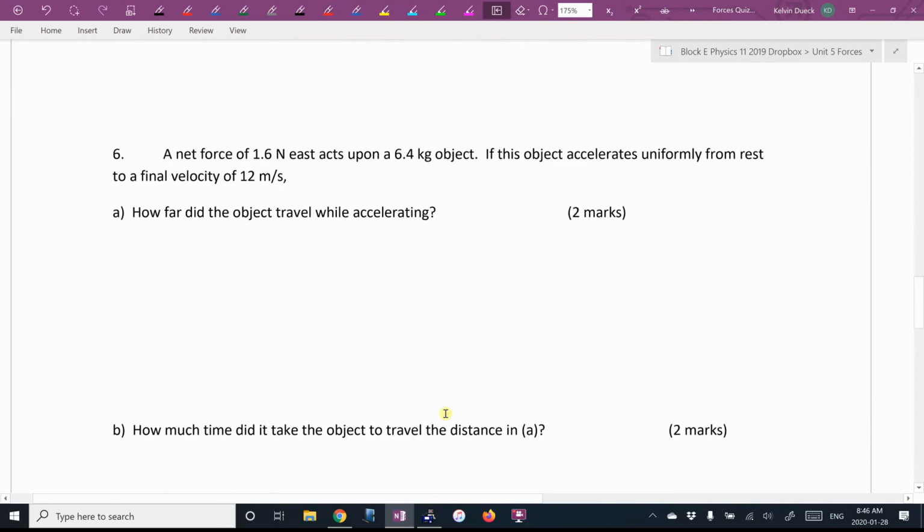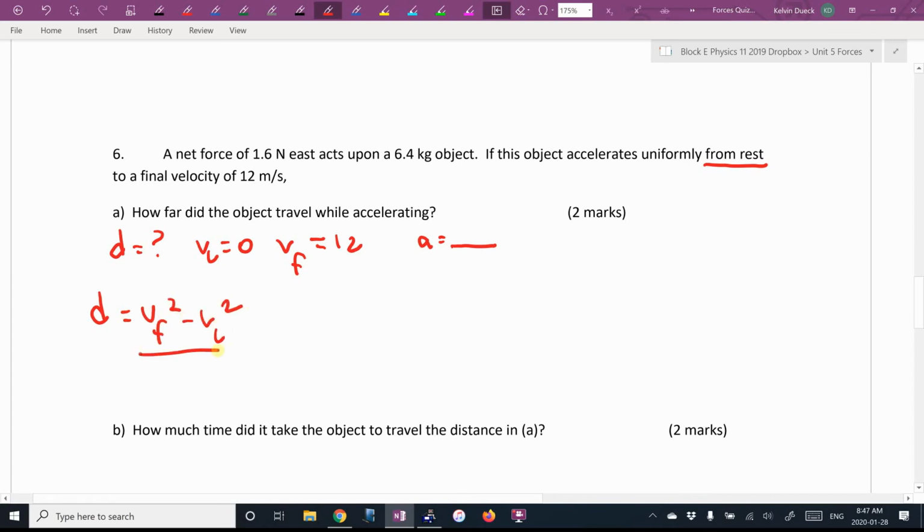Now they want a distance. I said, okay, D equals question mark. Once again, I saw from rest. VF is 12. If I could find the acceleration, I think I could do this, because I could use VF squared equals VI squared plus 2AD. I think I could go with D equals VF squared minus VI squared all over 2A. So I went over here and I said, okay, A equals F over m.